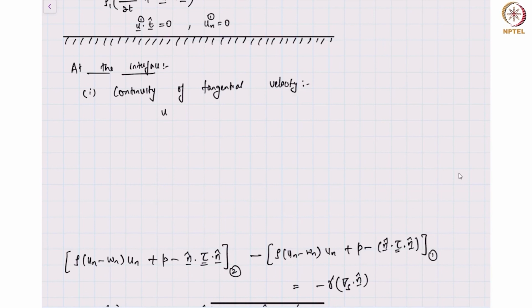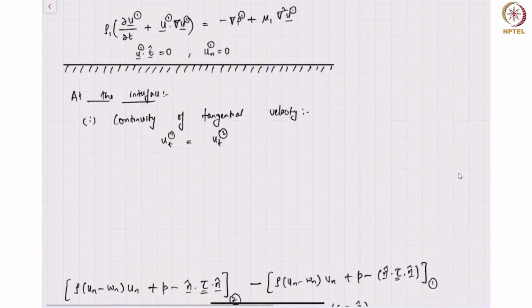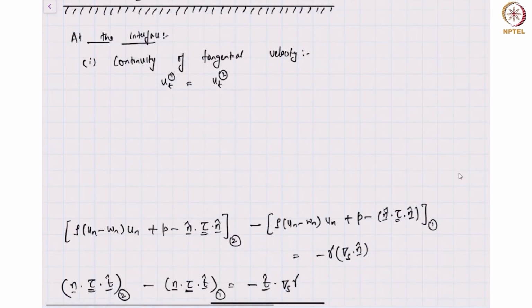So that will be ut of 1 is ut of 2. Now there could be two components of this velocity if it is a three-dimensional flow. Otherwise, in a two-dimensional flow, it's just the tangent that you see along the interface. And we also have the normal velocity is related.